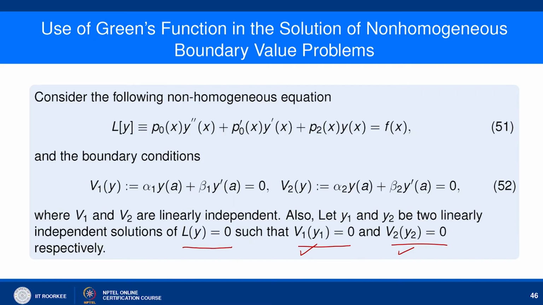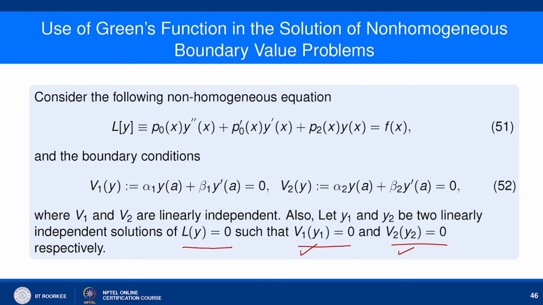are given as V1y and V2y, where V1y is alpha 1 y(a) + beta 1 y'(a) = 0, and V2y is alpha 2 y(a) + beta 2 y'(b) = 0. So this is the condition given at the point x = a, and this is the condition given at the point b.